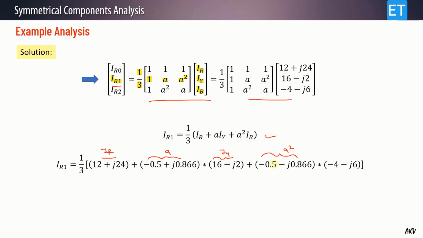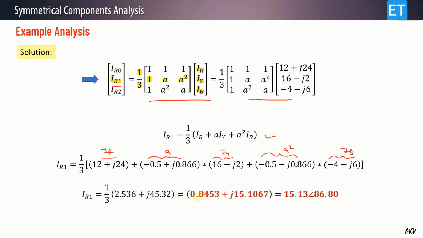The value of A and A square I have already shown you in my operator A slides, and this is IB. By solving this I can get the answer. My IR1 is 0.8453 plus J15.1067. It is in Cartesian form, and in the polar form it is 15.13 angle 86.80 ampere.